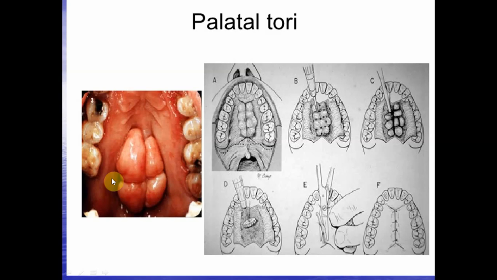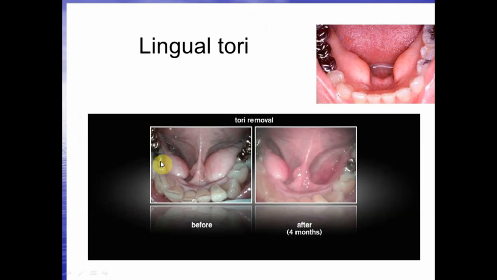We'll have to place the denture base over this torus, and these palatal tori are usually covered with a mucosa which is in unsatisfactory condition, and the denture base pressure on this mucosa causes constant inflammation and pain under the denture base. So we won't be able to make a removable denture until this torus is removed.